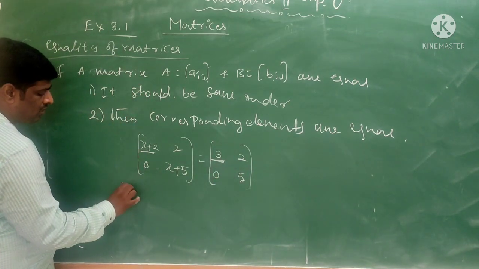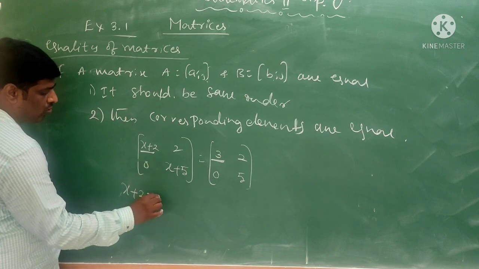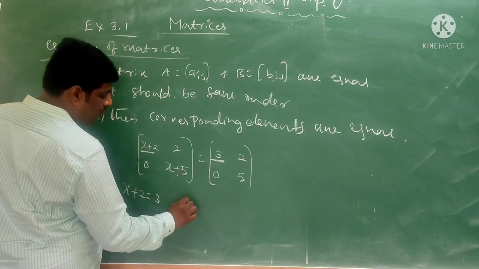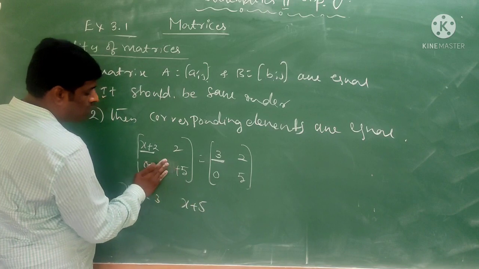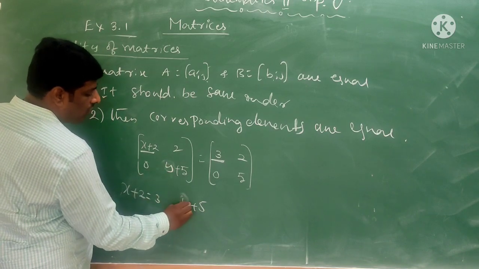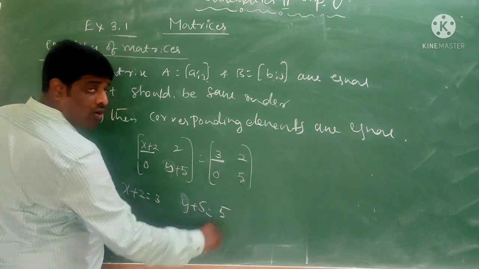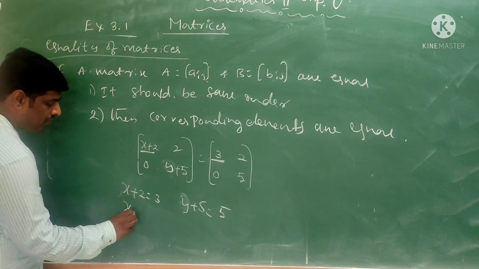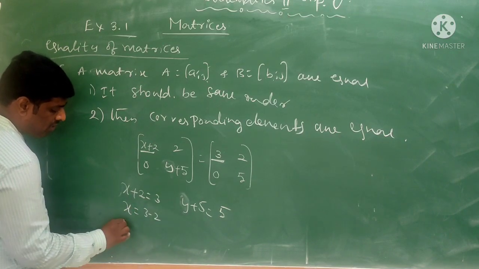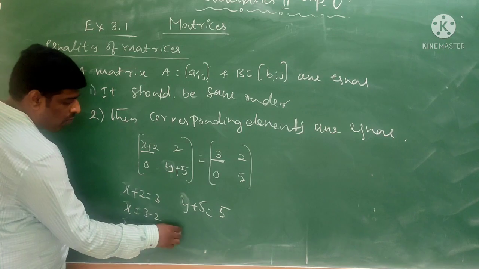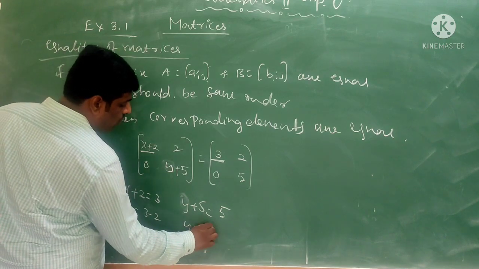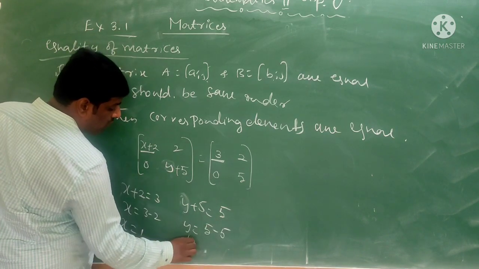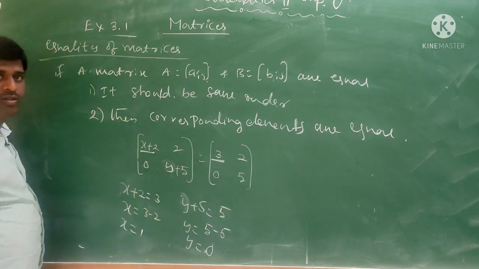See children, x plus 2 is equal to 3. X plus 5, suppose I take y, so y plus 5 is equal to 5. So x is equal to 3 minus 2, x is equal to 1, y is equal to 5 minus 5, y is equal to 0.